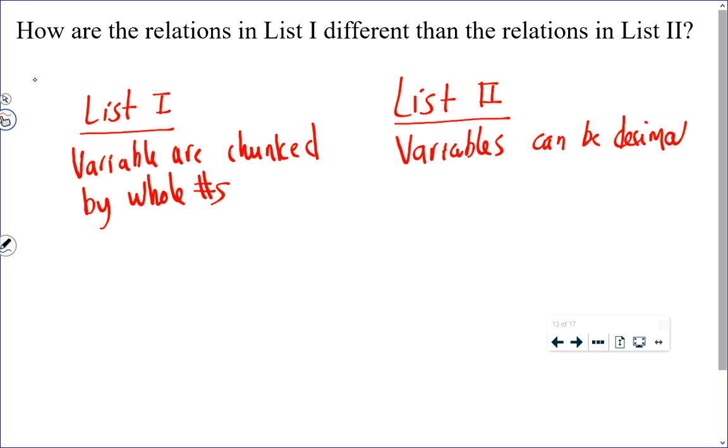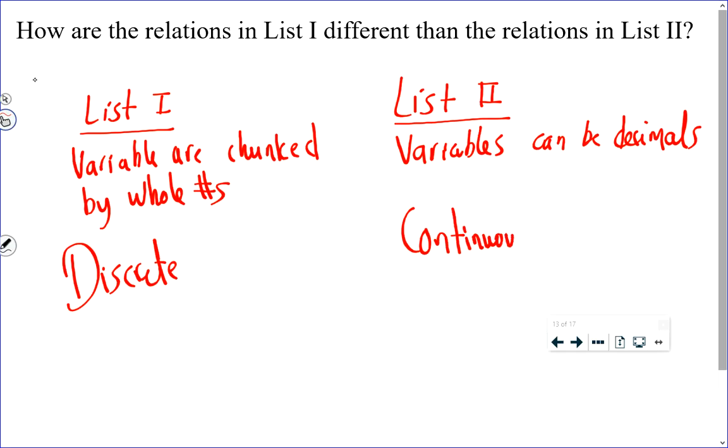Now, it's a little more subtle than that, but at this level, I think that's the best. We call these types of relations, where the variables occur as whole numbers, discrete, and we call the second type continuous. So a discrete relation is something where the variables occur as 1 or 2 or 3. A continuous relation is one where the variables occur as numbers that can be any number, including decimals.